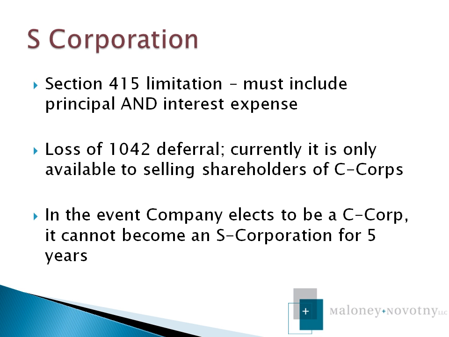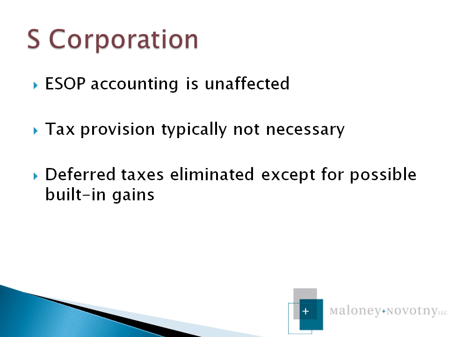And one of the things that happens where you're an S-Corp ESOP is that, again, you're not paying tax on the earnings each year, and so contribution deductions become immaterial. And this is where we get into that mirrored loan again.